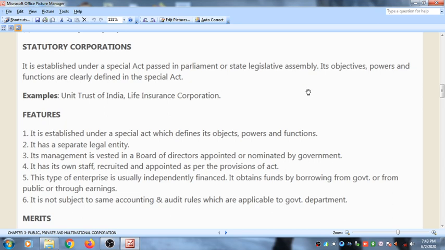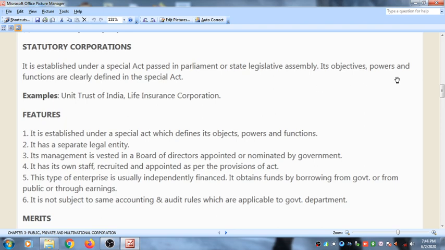So statutory corporation is always established by passing a special act in the parliament if it's a central government corporation, and by passing a special act in the state legislative if it's a state government corporation.